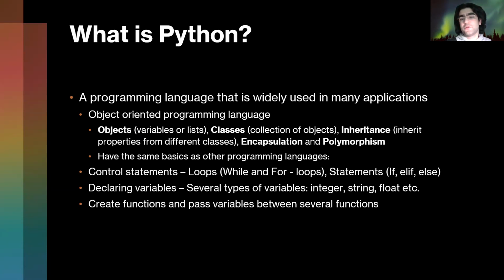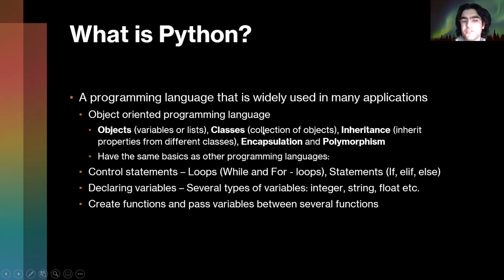And an object-oriented programming language is usually built around these concepts here below. These concepts are those which form what an object-oriented programming language is. So we have objects that can be, for instance, variables or lists.